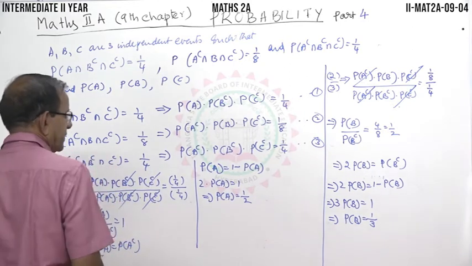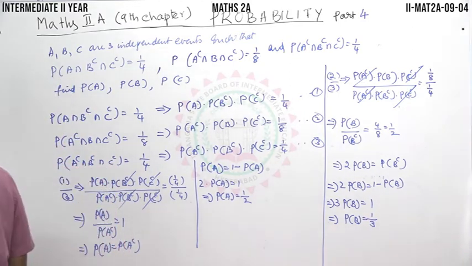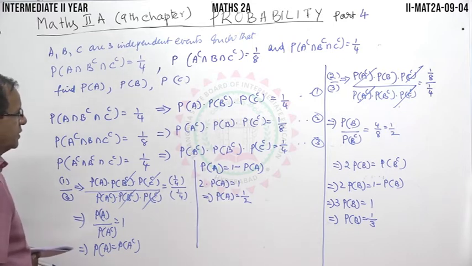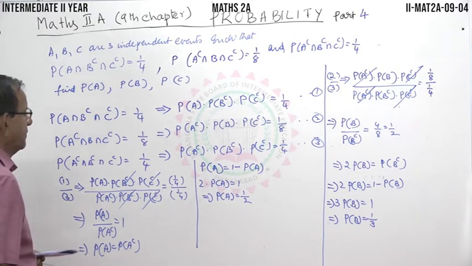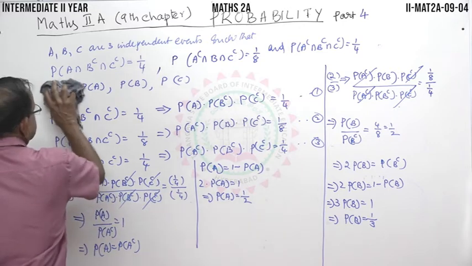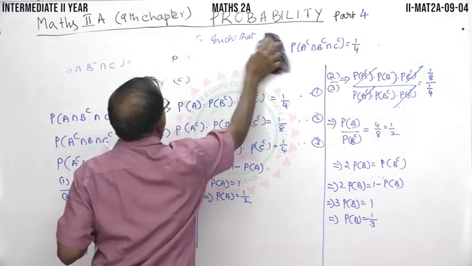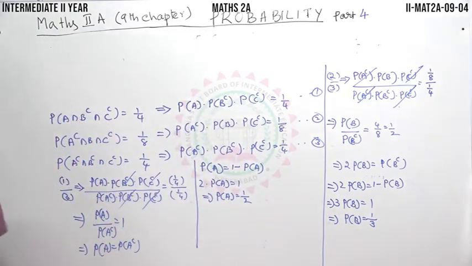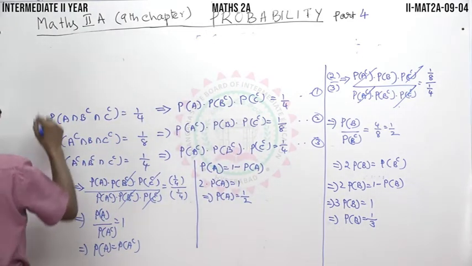Now we have to find out P of C also. Take the first one, from 1.